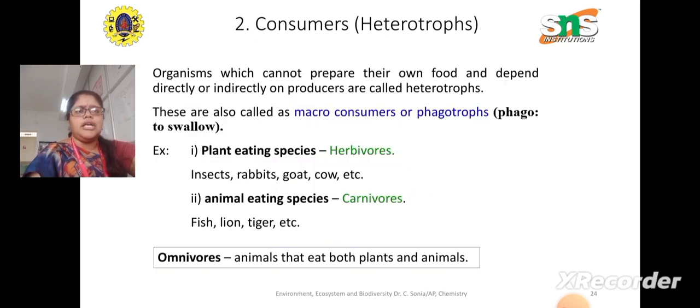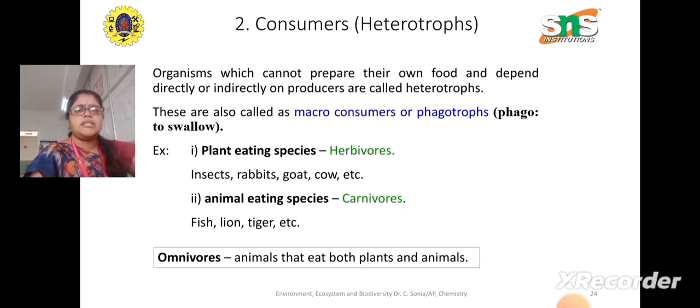Next is the consumer. Consumers are also called heterotrophs. They cannot produce their own food, and they depend on the autotrophs for food, directly or indirectly. These are also called macro consumers or phagotrophs.